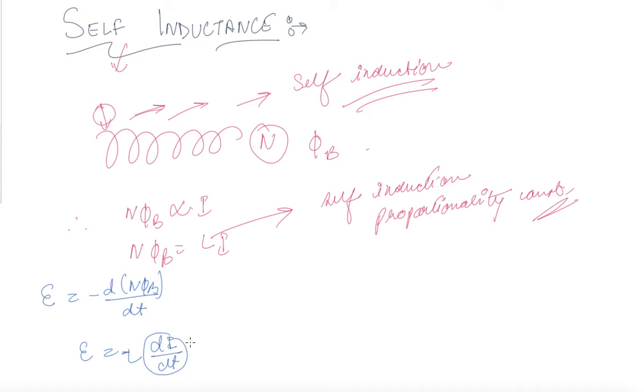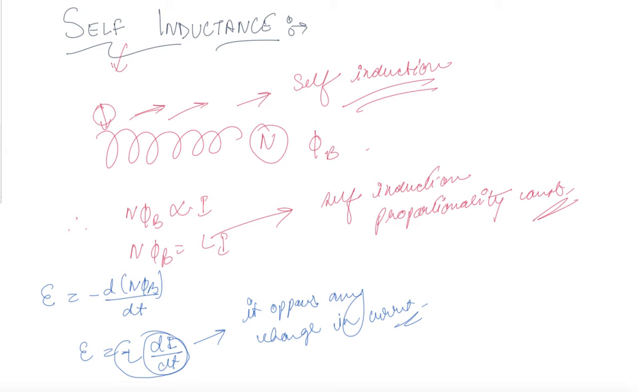This is what we know as self-induced EMF, and this always opposes any change. Now what is this minus? This minus tells us that it opposes any change in the flow of current, any change in current. So that is my induced EMF.